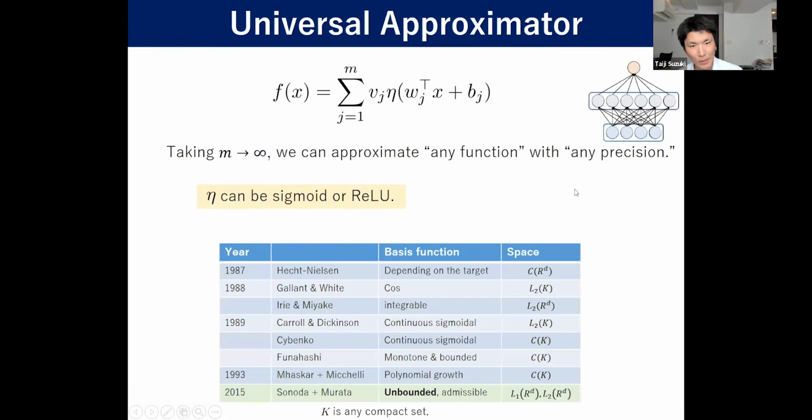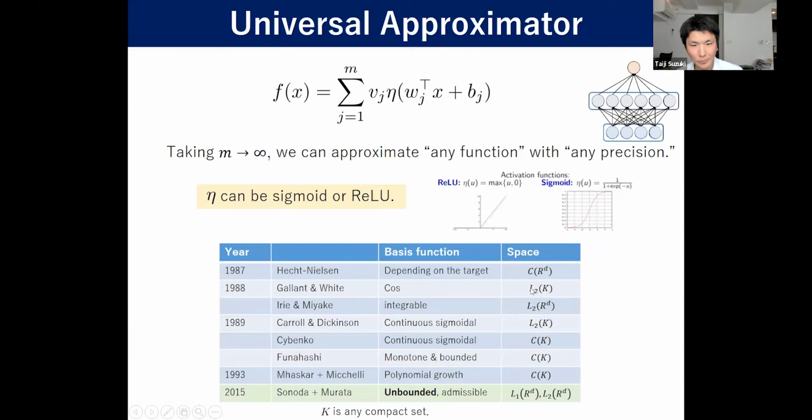Yeah. So this kind of notion can be rigorously formulated. For example, these classic papers have shown that the two-layer neural network is a universal approximator. More precisely, for example, the set of two-layer neural networks is dense in the L2 space or the continuous functions with compact support or something like that.